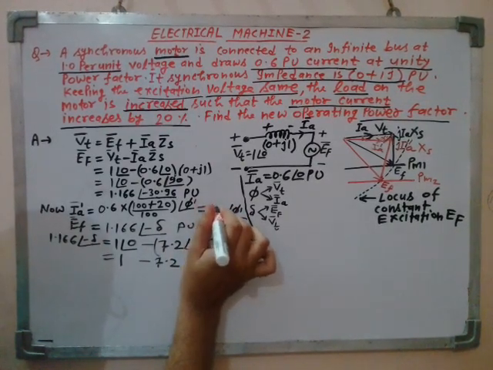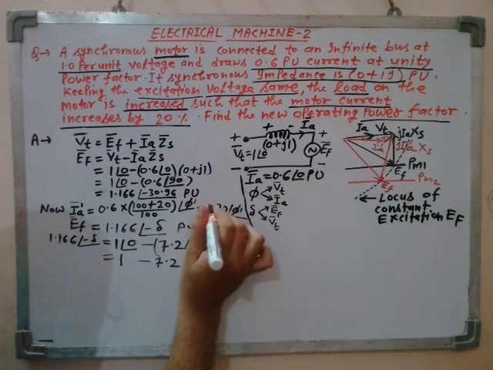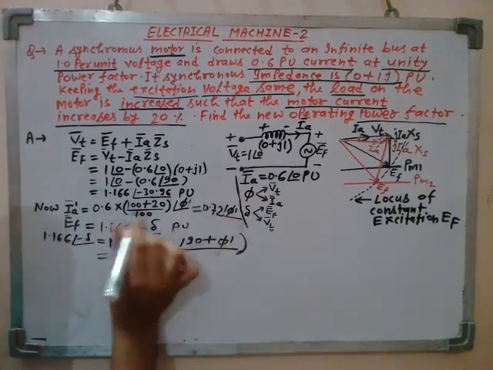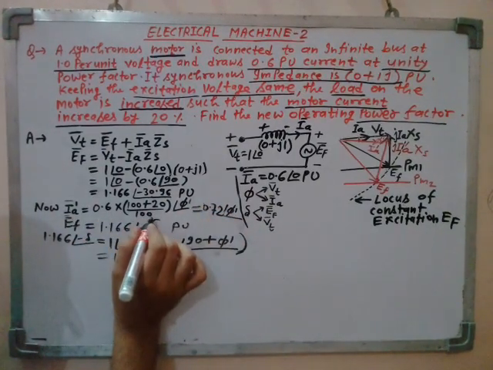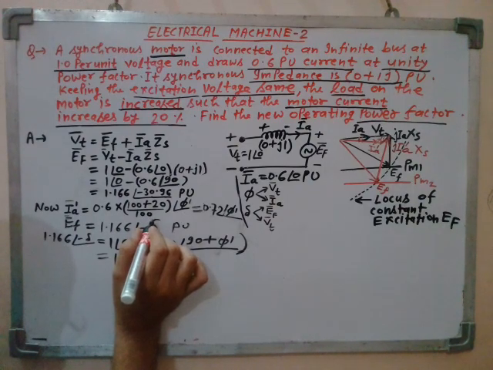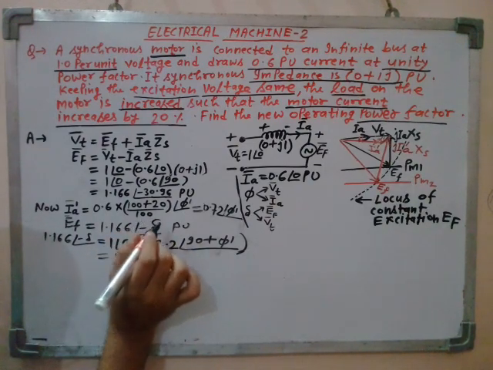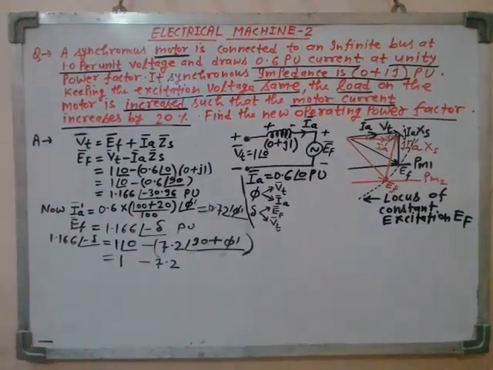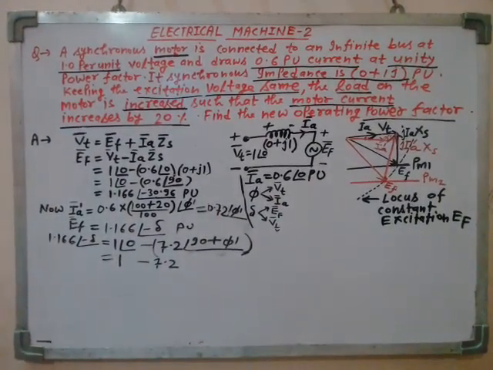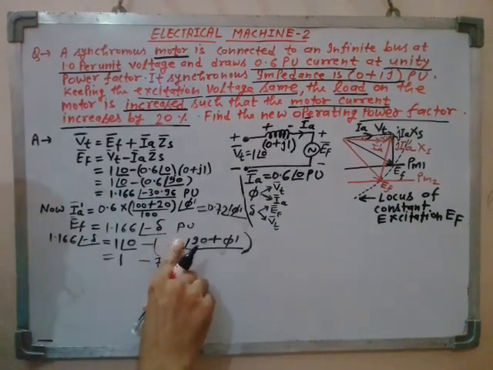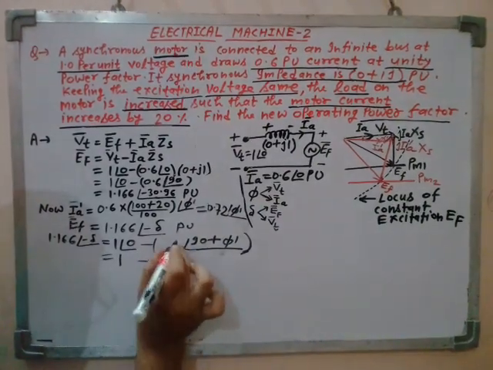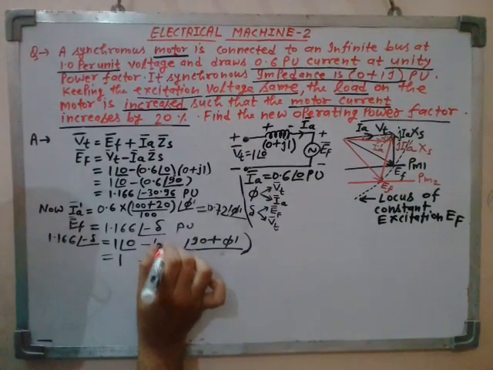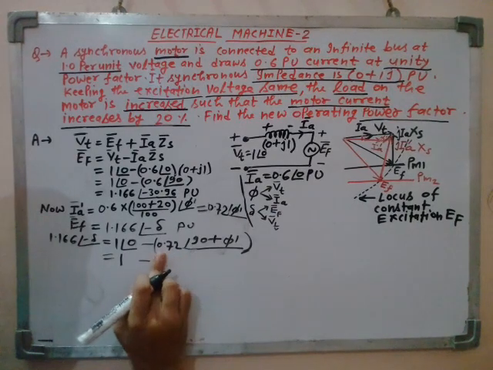This is 0.72, because 0.6 multiplied by 1.2. Please correct it.